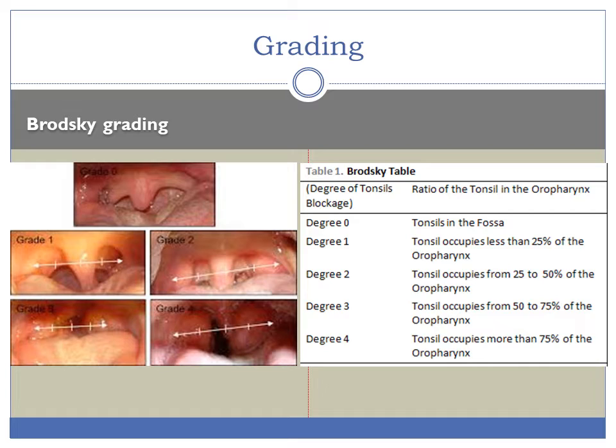Brodsky grading is the most common grading system used in the OPD. It is expected from all the students to know this classification. Grade 0 usually indicates that the tonsils are limited inside the fossa itself. Grade 1 indicates that the tonsil is almost 25% of the total oropharyngeal space.